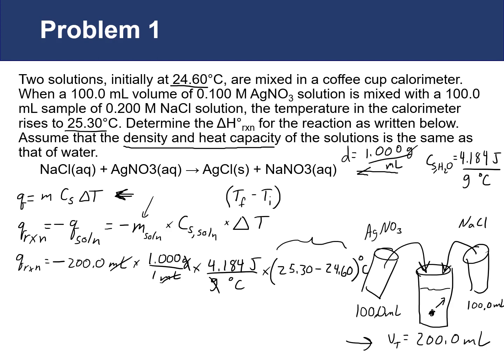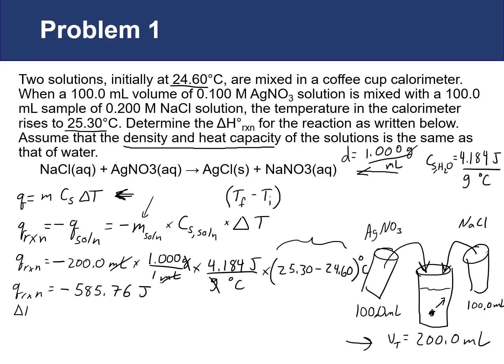Okay, so this comes out to be, our Q reaction is negative 585.76 joules. Now, our Q, right, has units of joules. Our H has units of joules per mole.